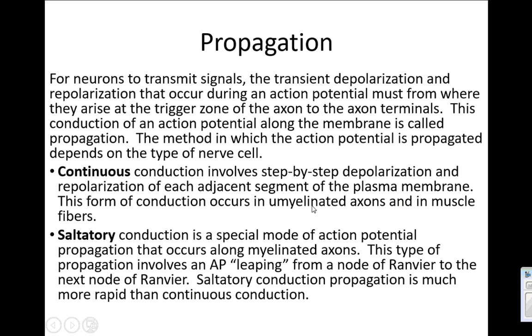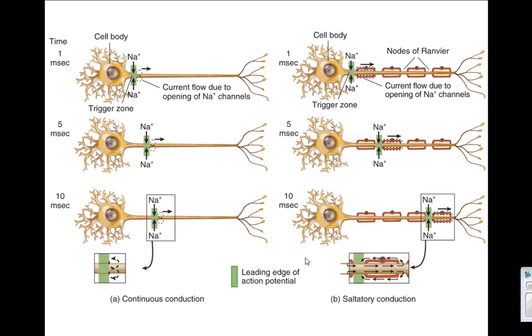Continuous happens in unmyelinated axons. Saltatory happens in myelinated axons. Here we can see a figure to show off both of these. It's a better drawing than my terrible neuron over there, but that's okay. So we've got our neuron. This is a multipolar neuron.